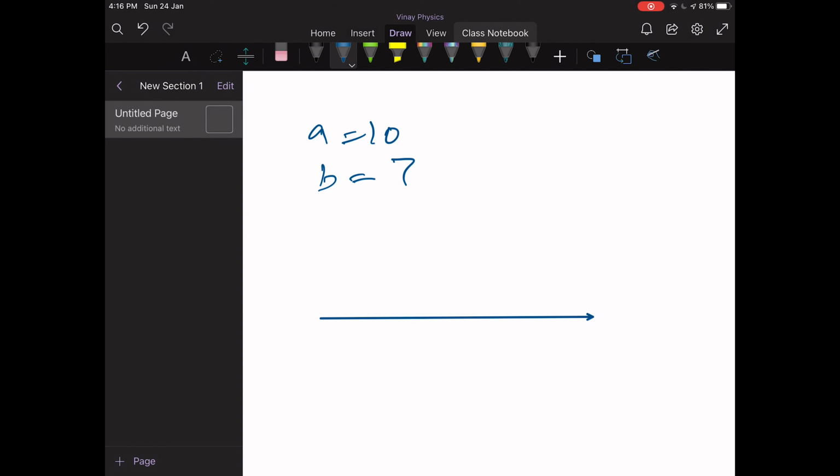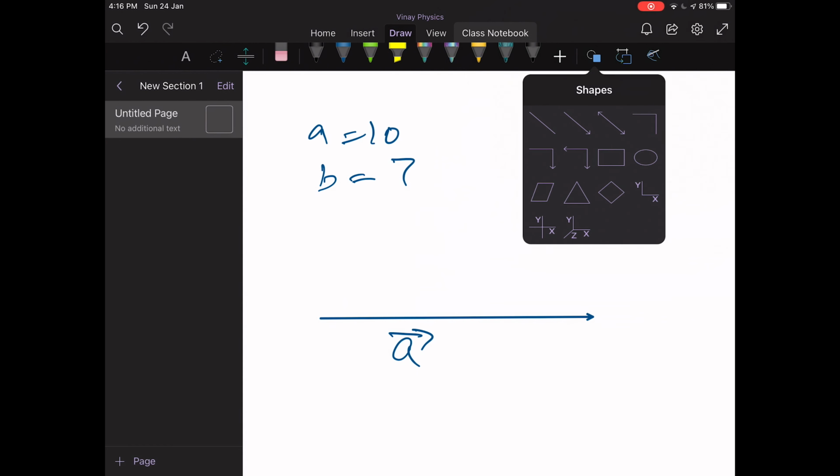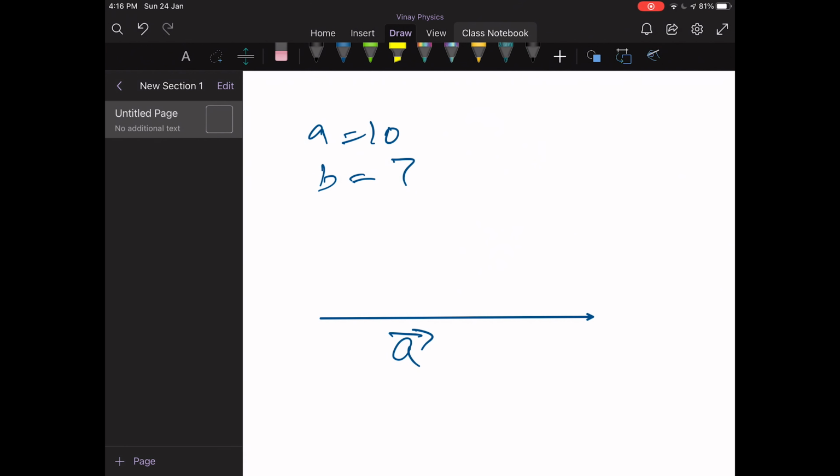So this is our vector A, and let us say our vector B is along an angle theta. So this is an angle theta, this is 10, this is 7.